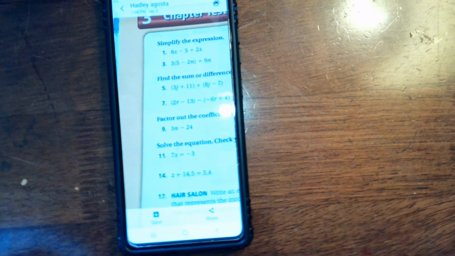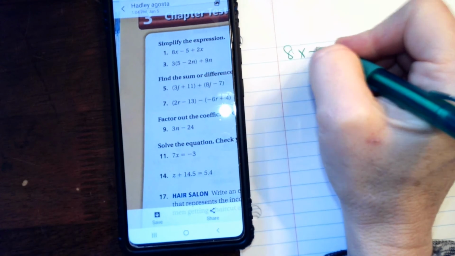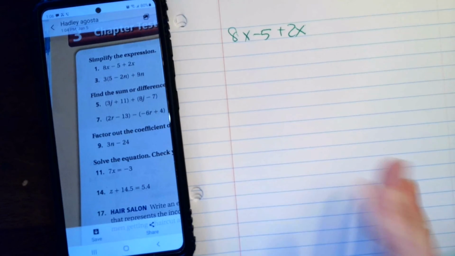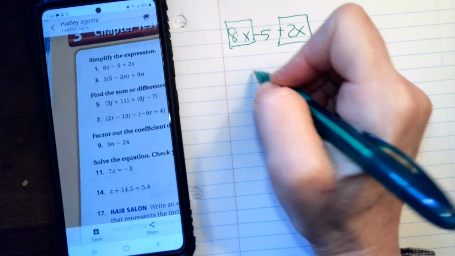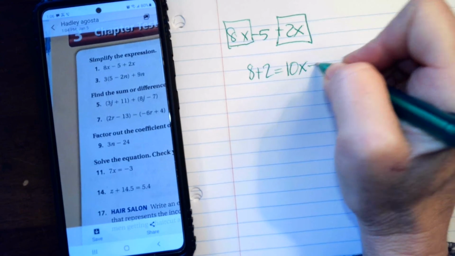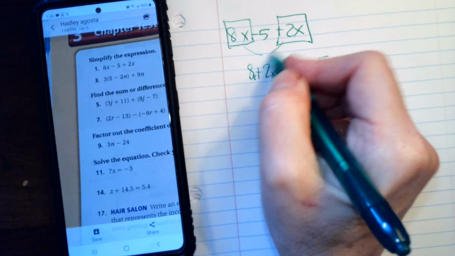So what is 8 plus 2x is what your question is that you are going to solve. So this goes together with this, and it's 8 plus 2 is 10x minus 5. Does that make sense to you?